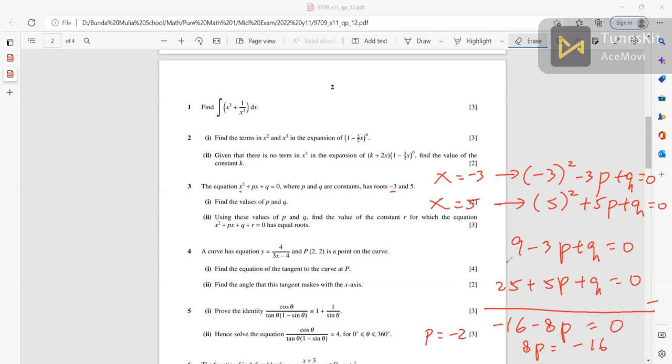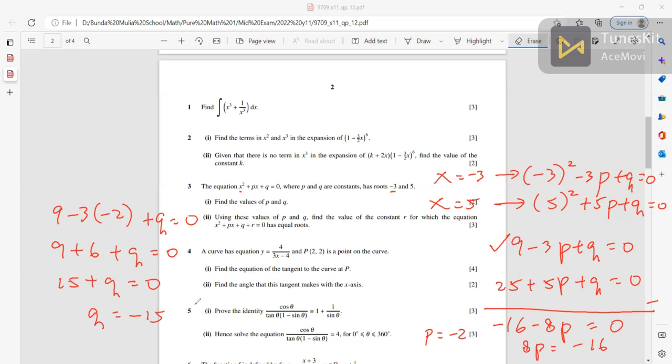Then we can use one of the equations. I use the first one: 9 minus 3 times minus 2 plus q equals 0. So 9 plus 6 plus q equals 0, 15 plus q equals 0, so q equals minus 15. That is for the first part.